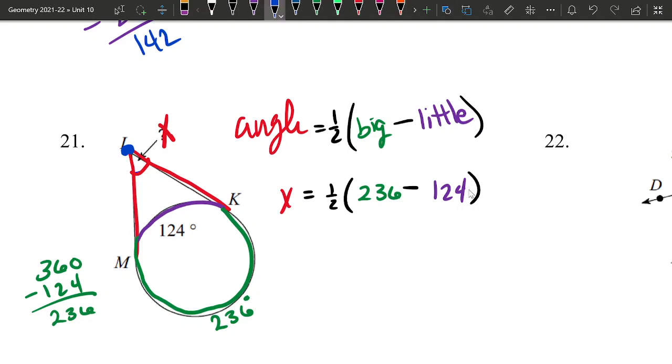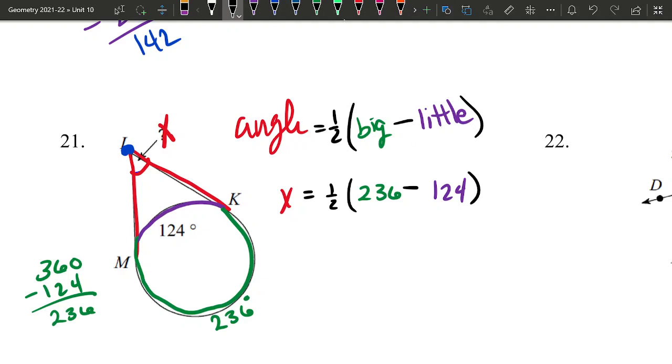So why don't we just solve everything on the right instead of solving the equation? We'll just simplify. You can do that. But I think this one would be simpler just to say half of 236 and half of 124. So then we would have x equals 112. No, okay, I did it slightly different. I like the way I did it on my paper better.